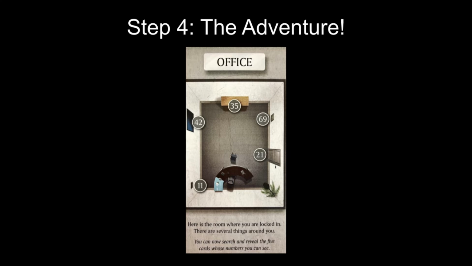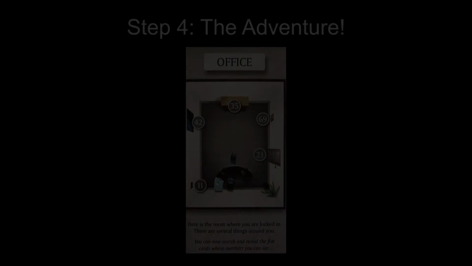Knowing that these objects are available to us, we should draw the associated cards from our deck and flip them face up. It is important to never reveal a card until a previous card leads you to do so. This is how you find the clues necessary to escape from the room.